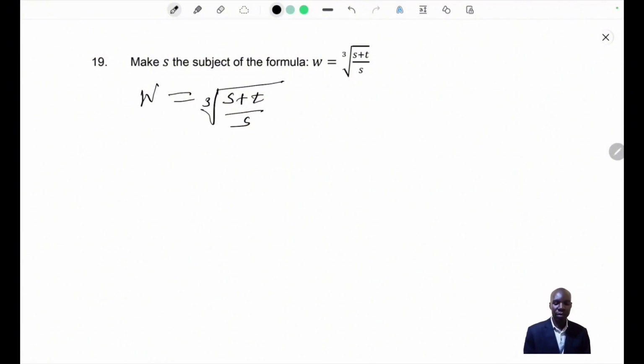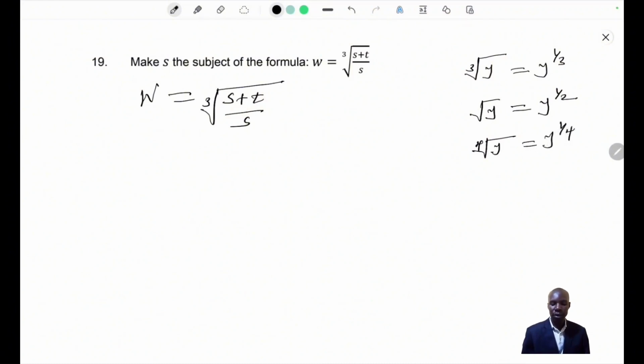So what we can do here, if you have the third root of a number y, remember this can be written as y to power 1 over 3. And if you have the square root of a number y, this can be written as y to power 1 over 2. Even if it is the fourth root of a number y, this can be written as y to power 1 over 4.